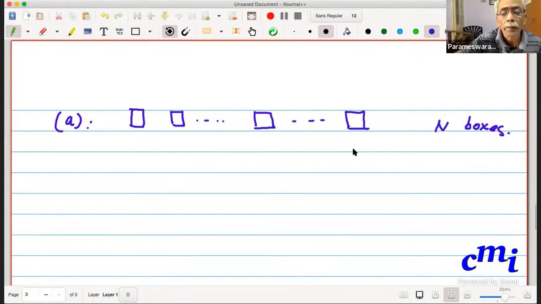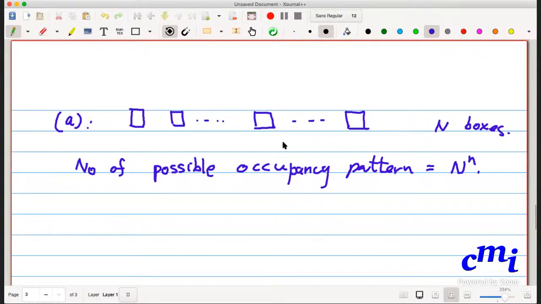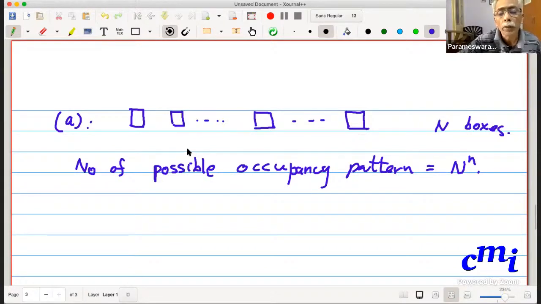So the number of possible configurations, the number of possible occupancy patterns, is equal to N power n. The first particle can be in any of these cells, and then the next particle can again be in any, there will be capital N many choices. So the total number of choices will be N power n.